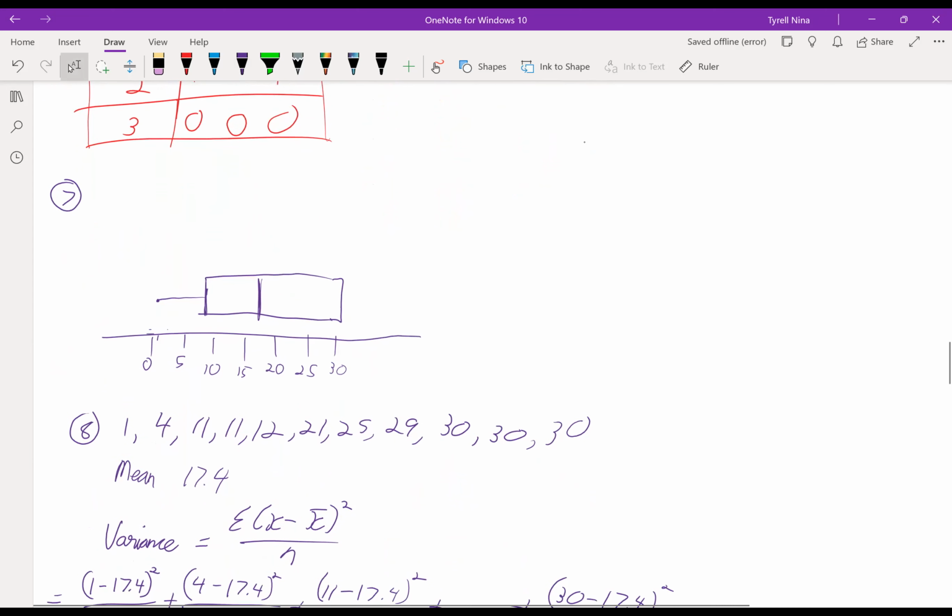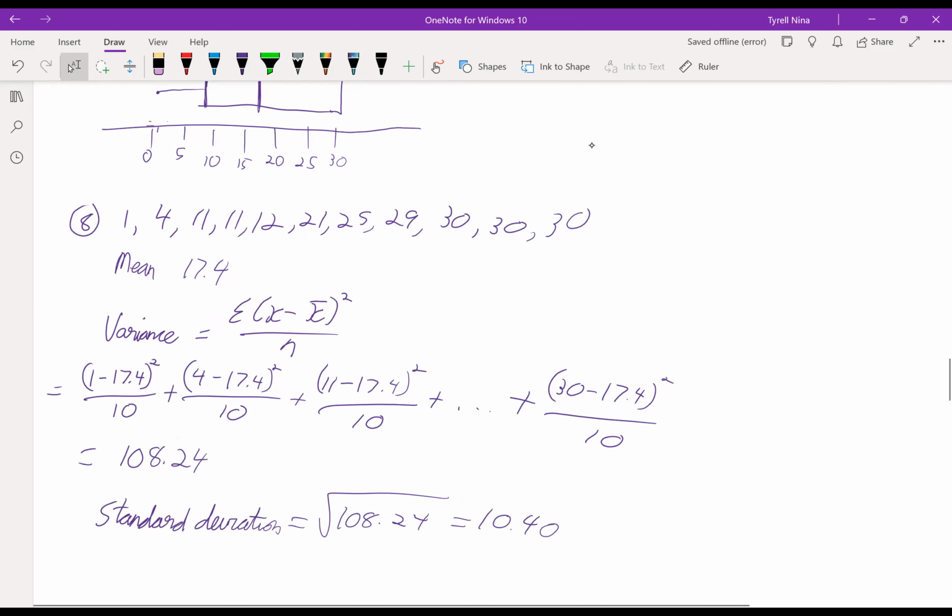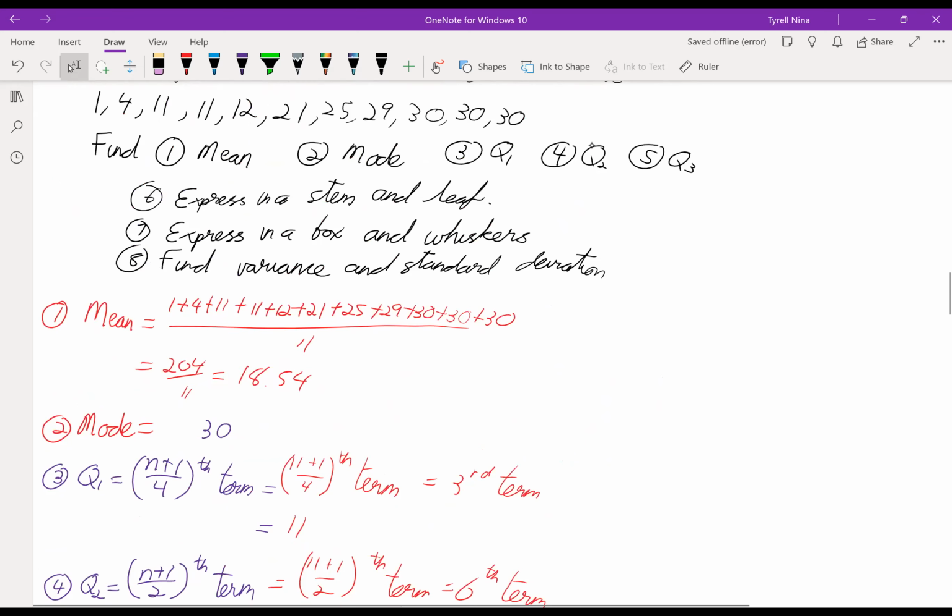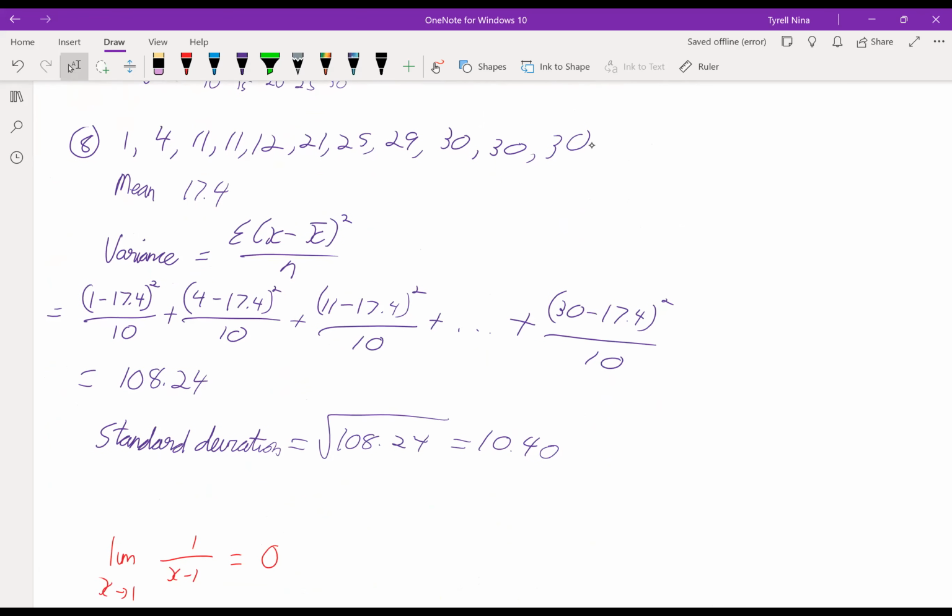All right, I really had to do the variance, all because I just wanted to be nice. So let this be a lesson: don't be nice. The mean is 18.54, or 18.55.